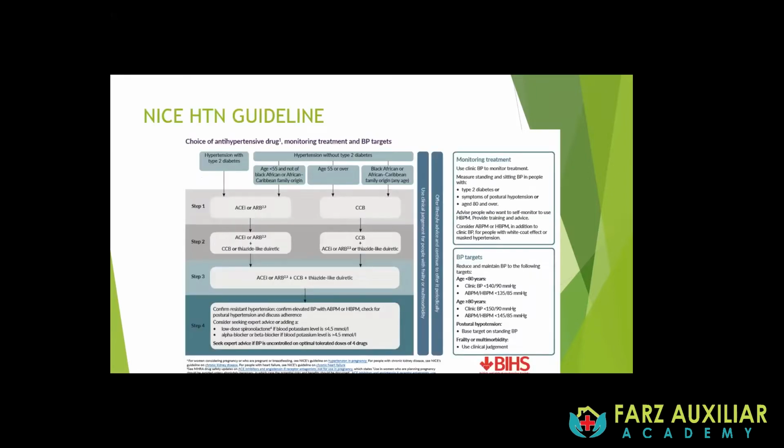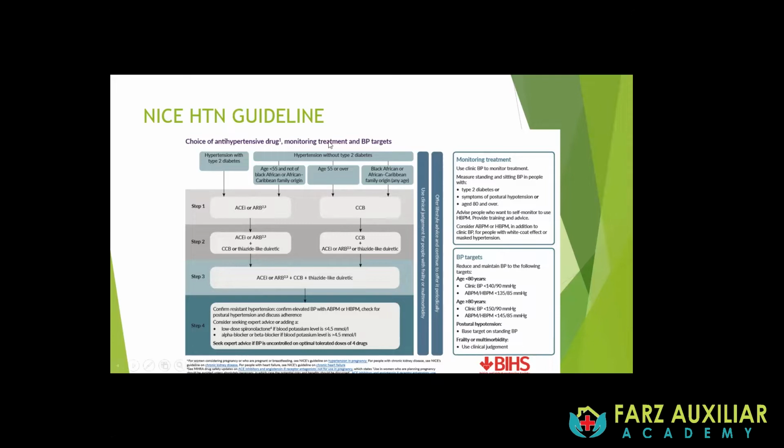Now, you all also have to know the NICE hypertension guideline. It means the question may be what you are going to add next, when the 3 medicines did not work. This is the official NICE guideline, and from that you can be asked 20 questions. So understand this and you will be able to answer the questions.